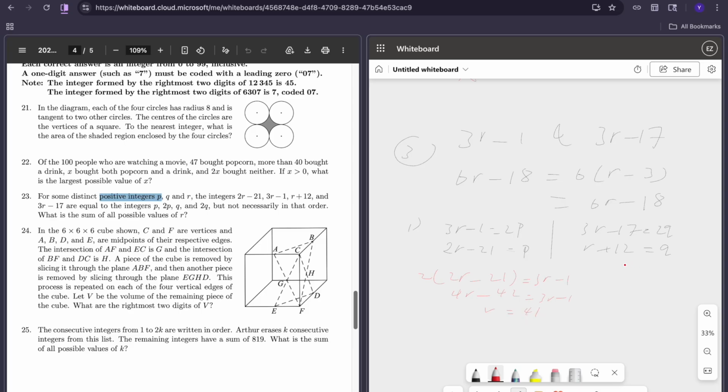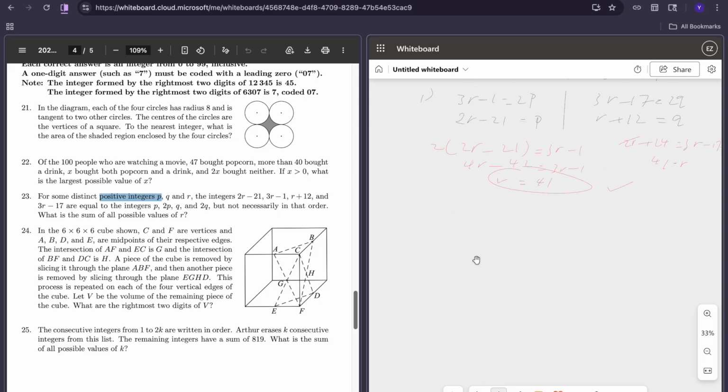And this side is the same, so we should obtain the same answer. So we get 2r plus 24 equals 3r minus 17. So we go to our goal, left with r, 17 plus 24, which is 41. So 41 is correct.